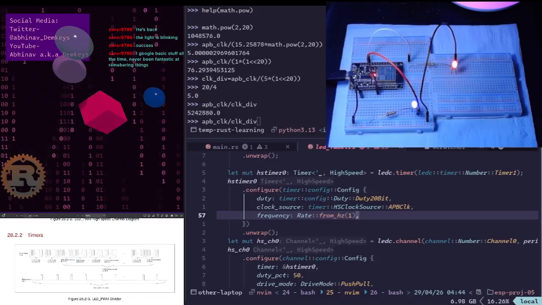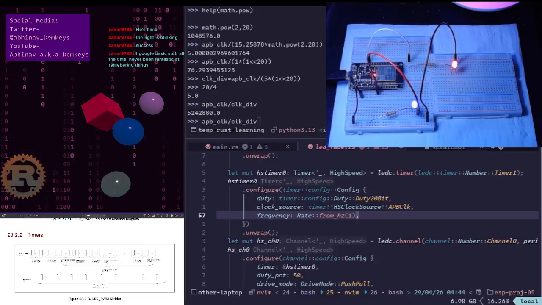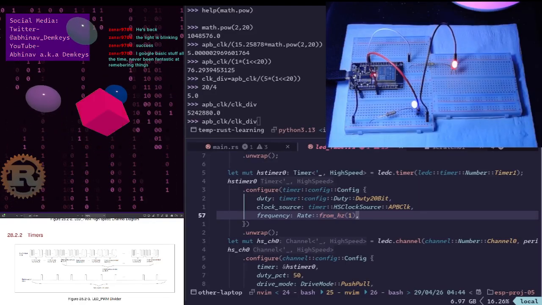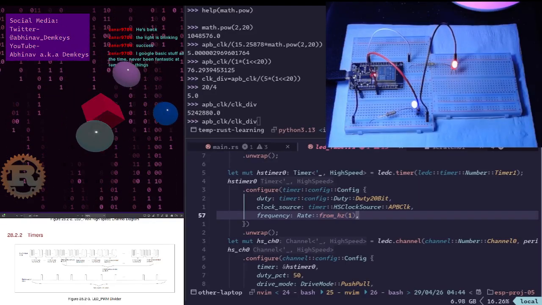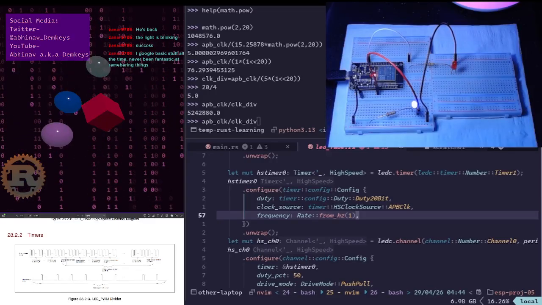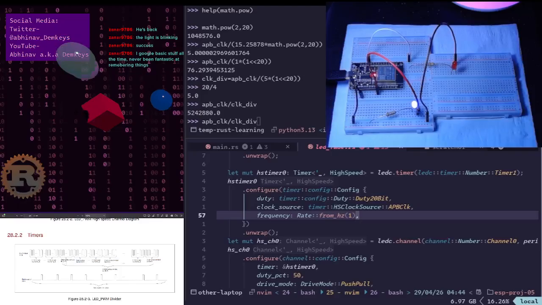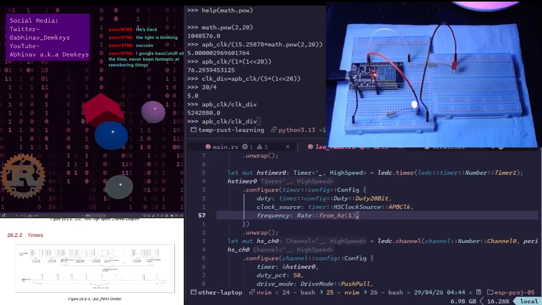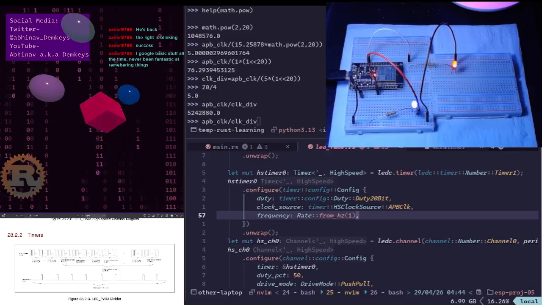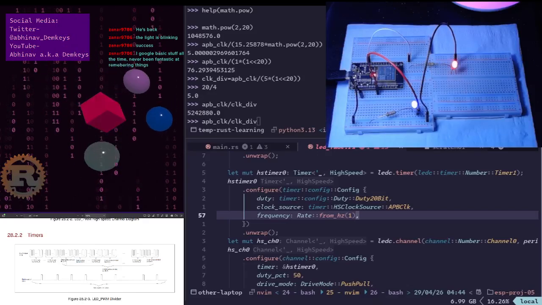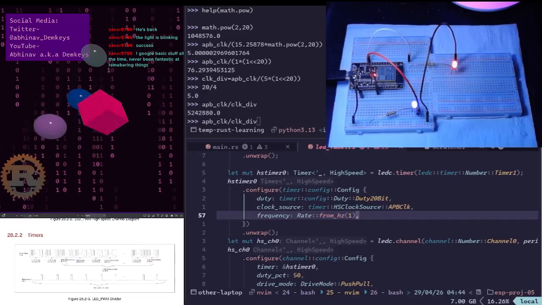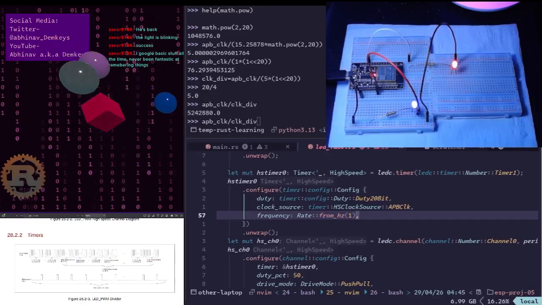I understand that the divider basically divides this signal such that every set number of ticks, one tick is sent to the counter.